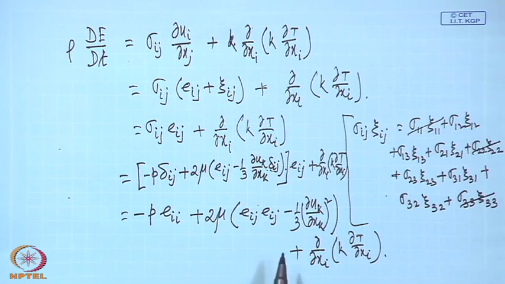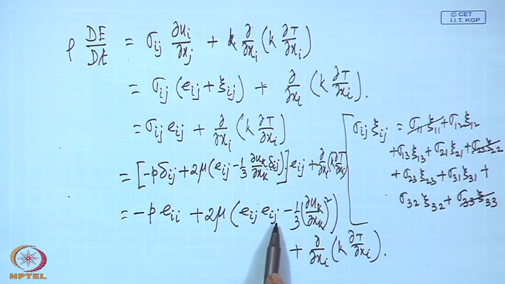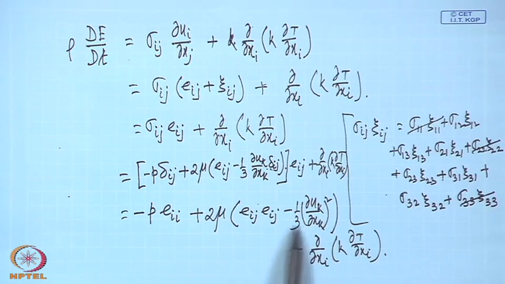And as you can see clearly, the second term can never be negative, because this E ij contains E11 squared, E22 squared, E33 squared.